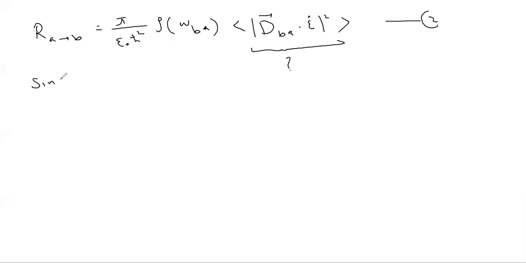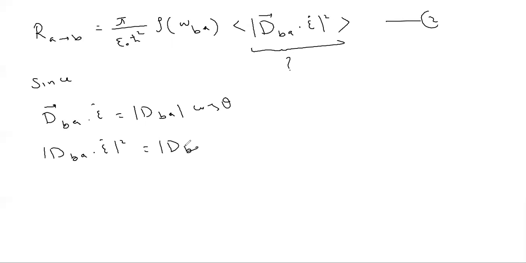Since we know that d_ba · epsilon hat is d_ba cos theta, by taking the square this will be d_ba squared cos squared theta. Now we have to average this.